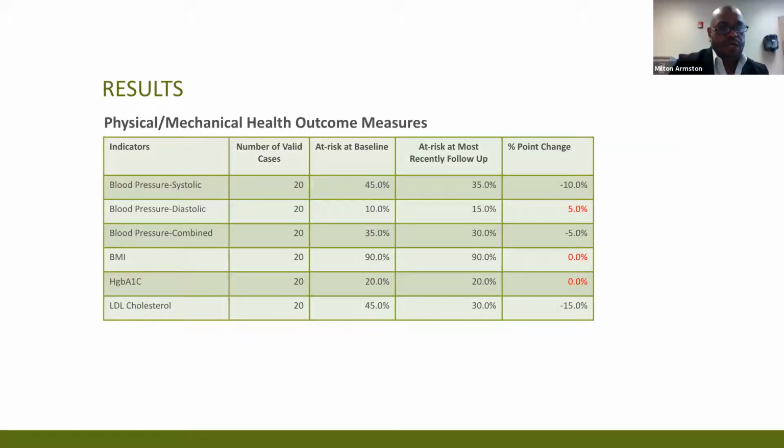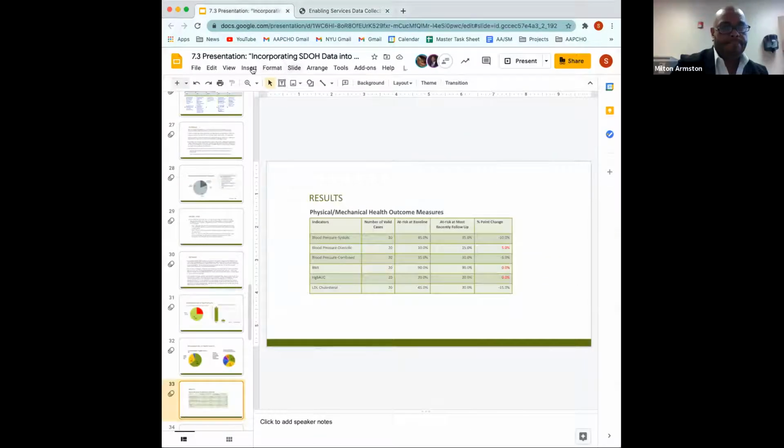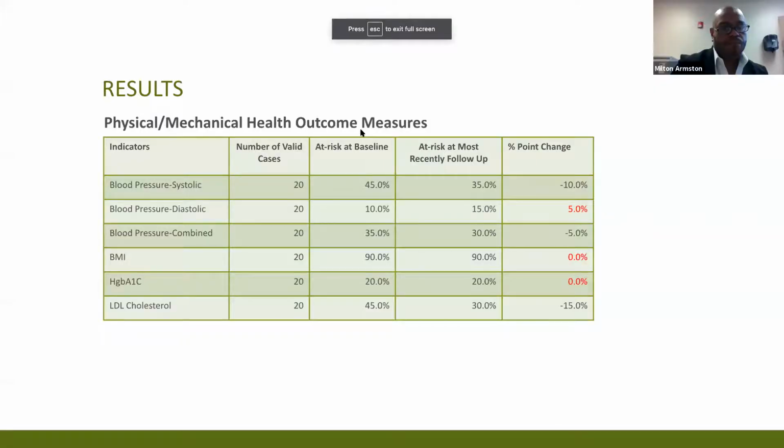So the results of the intervention. What we found out is that with classifying patients, then allocating resources and providing strategic interventions, we were able to bring combined blood pressure down.